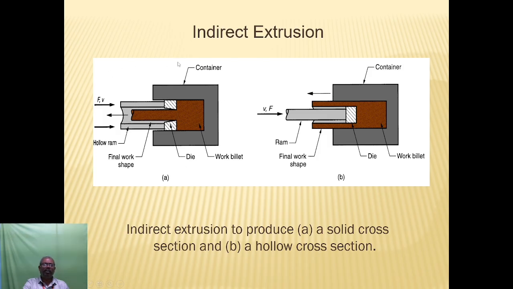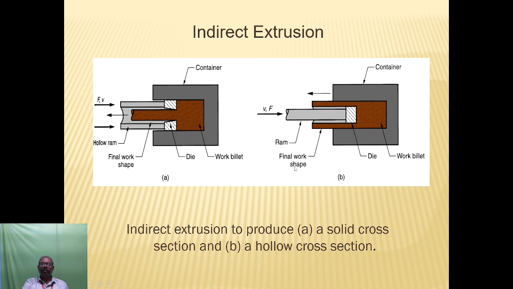Figure A shows there is a container. The work billet is kept inside the container. There is a die with an opening. The die is connected with the ram. So when you apply the force on the ram, the work will flow through the die opening in the direction opposite to that in which we apply the force.